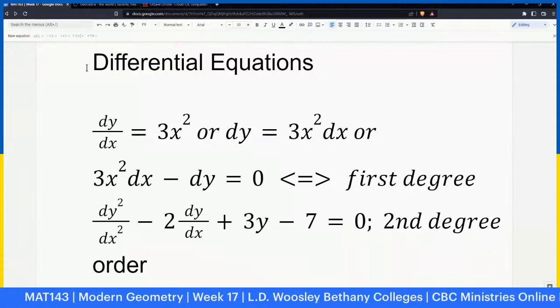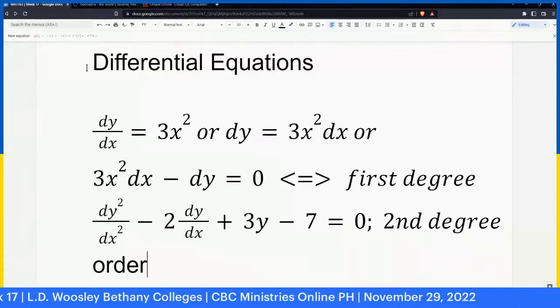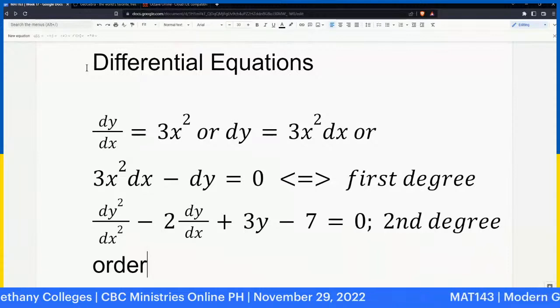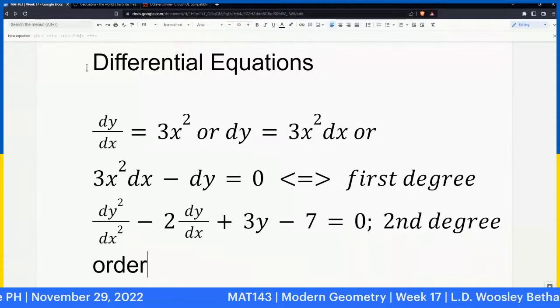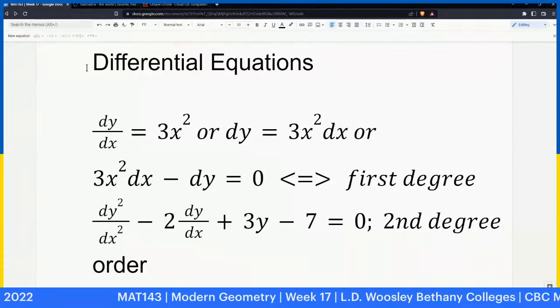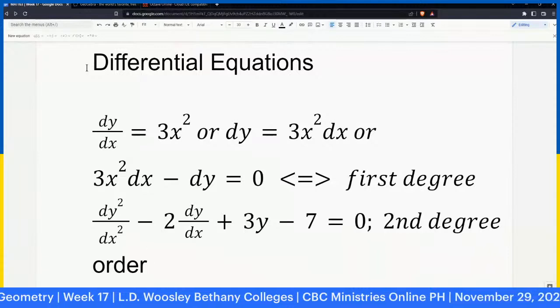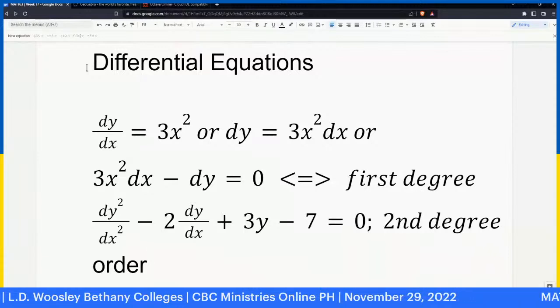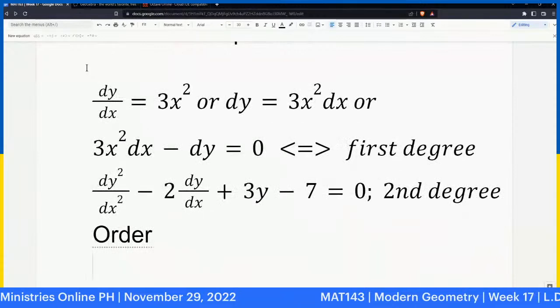Both of the first differentials are of the first degree or order. And the second example that we have is obviously a second order or second degree differential equation. So that's order.